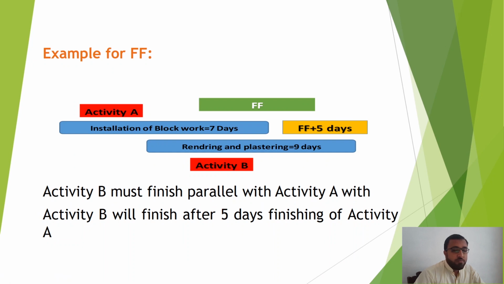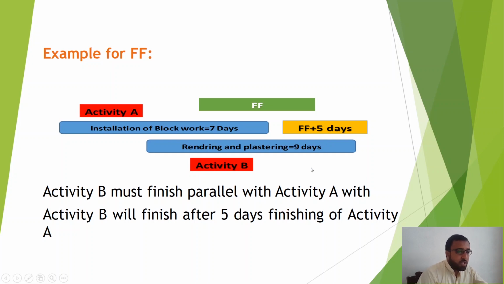Then comes the relationship for finish to finish. If we want activity B to finish 5 days after activity A is finished, for example, if activity A finishes on 10 April and we want activity B to finish on 15 April, we will give the relationship finish to finish plus 5 days.